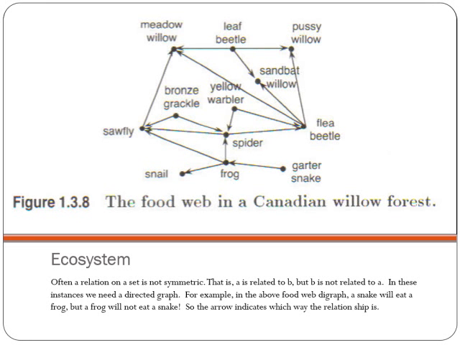For instance, at the bottom of the graph on the right, there's a garter snake and a directed edge from the garter snake to the frog, and this implies that a snake will eat a frog. But of course, a frog will not eat a snake, and so the direction is one way. In many applications, the relationship is just one way, and we need to indicate that with a directed edge.